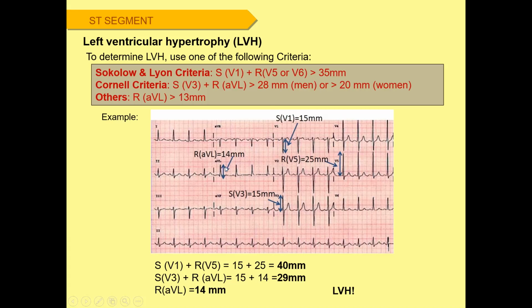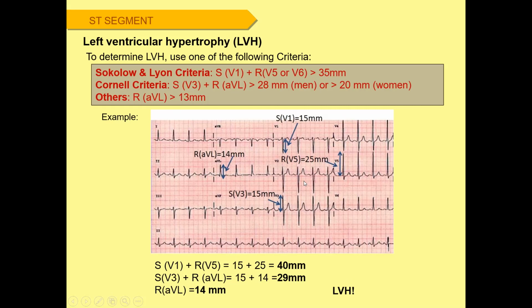If R in aVL is more than 14 millimeters, then it is also LVH. Or sometimes S in V3 plus R in aVL is more than 29 millimeters, it is known as LVH. We note down all these criteria. This is known as the Cornell criteria, S in V3 and R in aVL. Sokolow-Lyon is S in V1 plus R in V5 or V6 more than 35 millimeters.